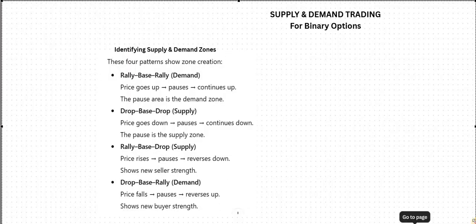This is what we call the demand zone. So we have an uptrend, a rally, a base, and a rally. For a downtrend, we have a drop, a base, and a drop.